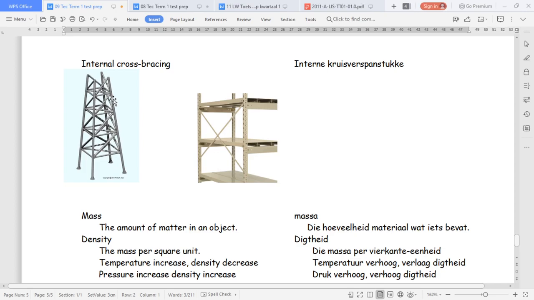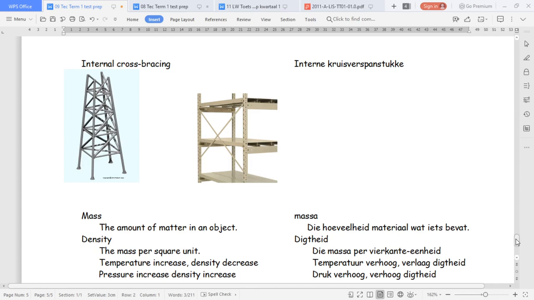It crosses over each other in order to brace, to make the structure stronger. So dis intern, dis aan die binnekant. Dit kruis mekaar, the beams cross each other. En dit is spanstukke. So dit is dele wat die spanning verlig. Okay, so this kind of thing is internal cross bracing.